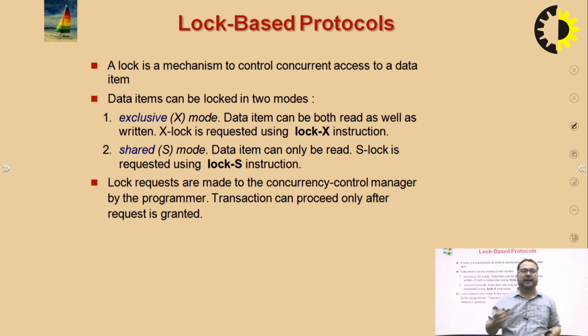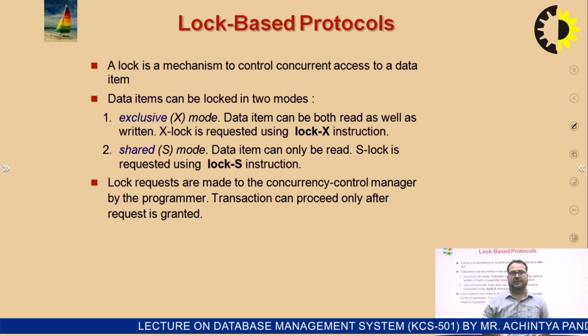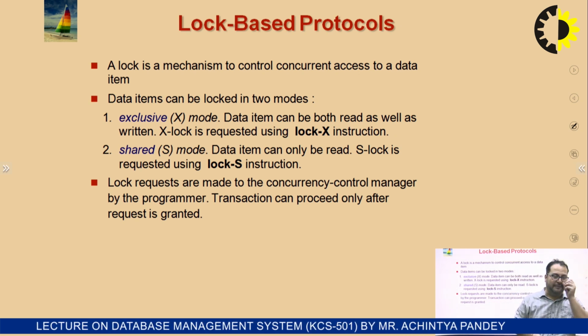Suppose a data item is going to be updated; before that we lock it, so that if another transaction wants to access that data, it needs to take permission from the concurrency control manager. So if one transaction locks a data item, another transaction that wants to access it needs to take permission. We have two types of locks.